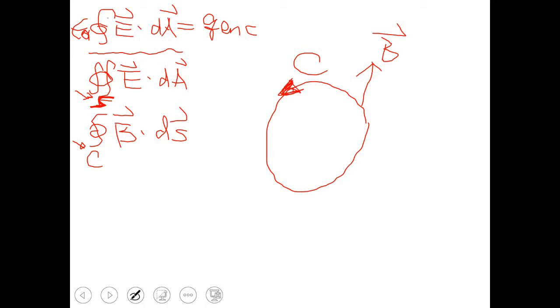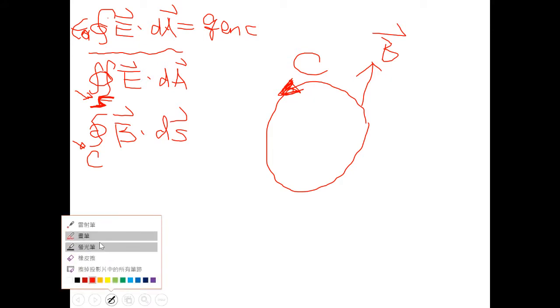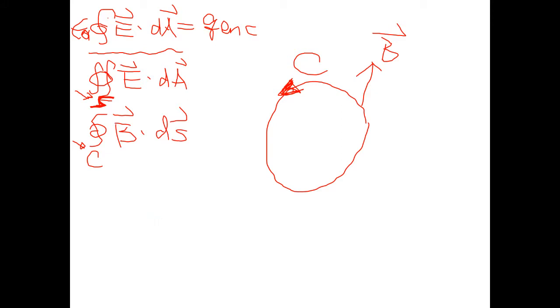So for every point on this contour, you have B and you have ds, and at this point B may be in this direction.